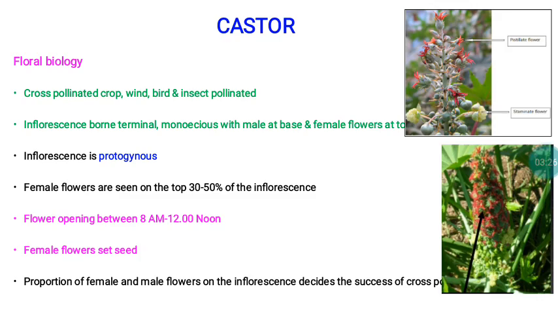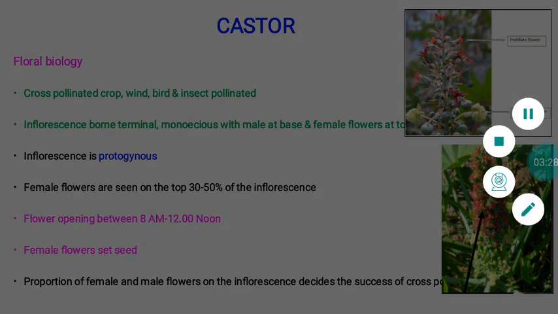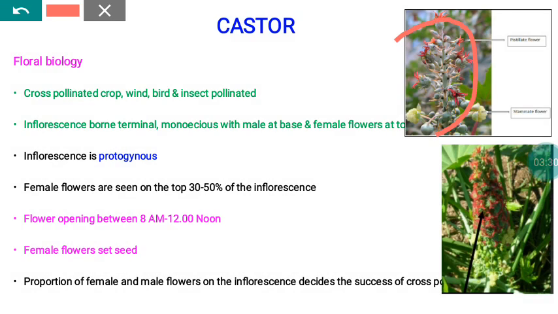The inflorescence is protogynous in nature, like pearl millet. The gynoecium attains maturity first, before the pollen matures. This also favors cross pollination.